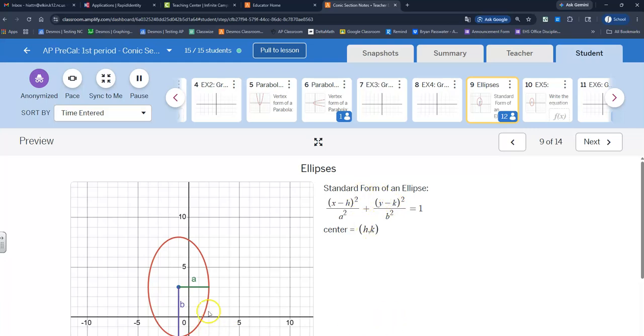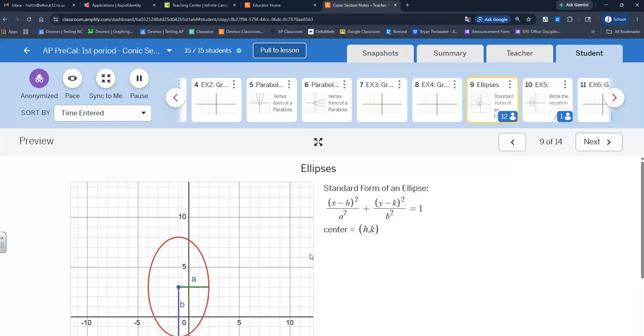For ellipses, the distance from the center to the left and right vertex, that's going to go underneath your x, and it's going to be squared. So like for here, my A value would be 3 right here. So I would have x plus 1 squared over 3 squared for the x part of this problem. So like for this picture, your center is at -1 and +3.